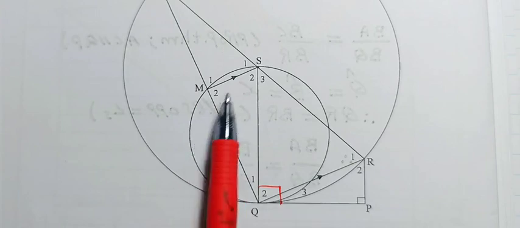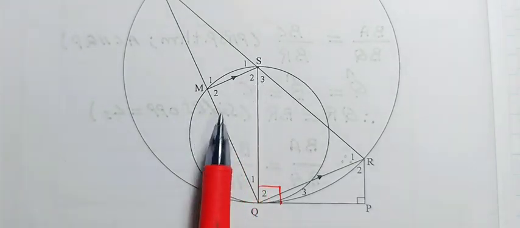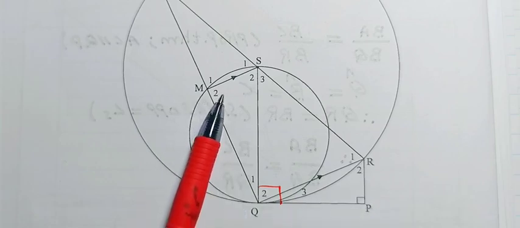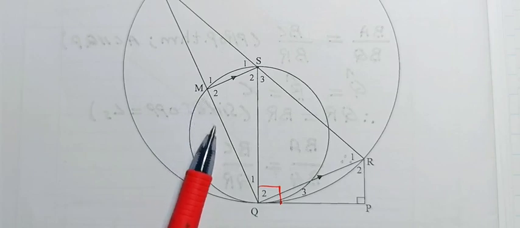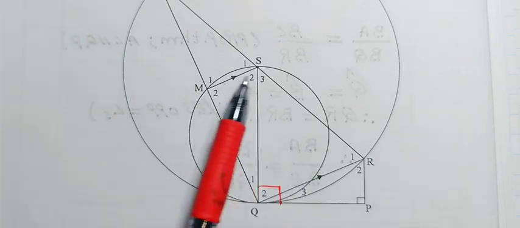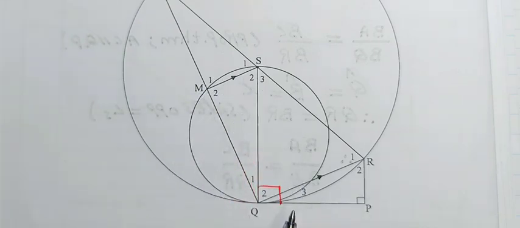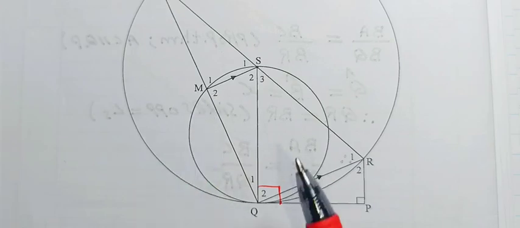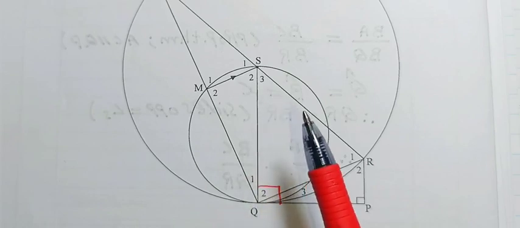Now, MS parallel to QR, which means M2 is going to be 90 degrees. Why? This is a transversal line between the parallel lines MS and QR, and Q1 plus Q2 is equal to 90 degrees, so this is also going to be 90 degrees, co-interior angles. Therefore, SQ is a diameter.